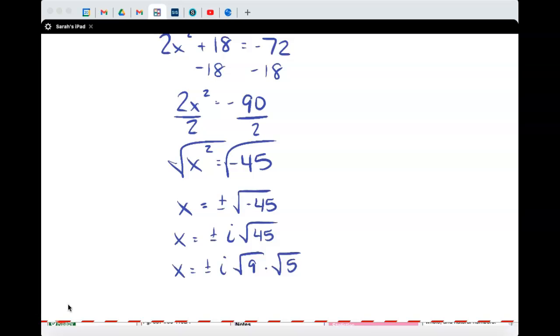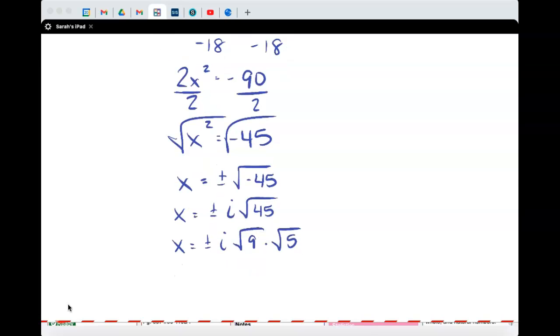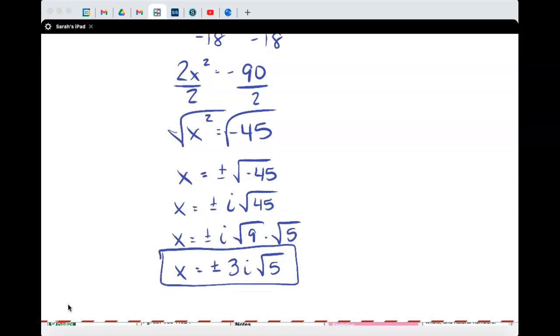I know the square root of 9 is 3, so I can write 3i. The square root of 5 can't be simplified, so you just leave it: 3i square root of 5. This is my answer with an imaginary solution. Aren't those nice? It's really not that hard. We did that before, it's just moving the i in front.